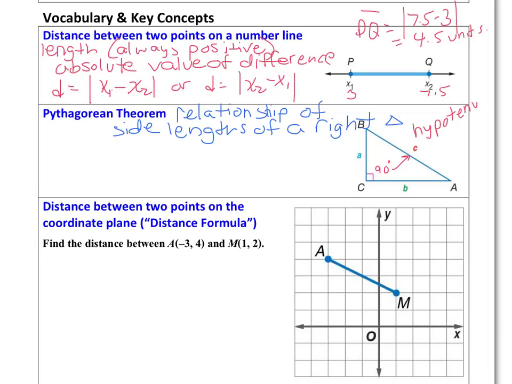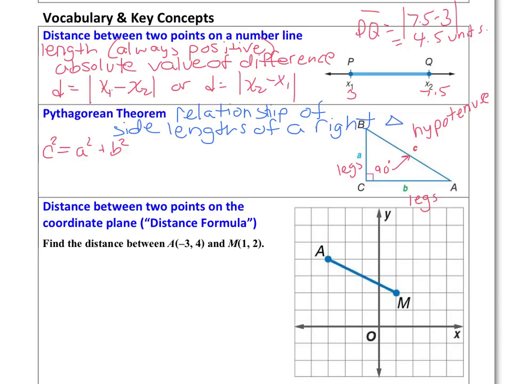The other two sides are just called legs. And the particular quantitative relationship between these three sides of a right triangle is that the square of the hypotenuse, which we always represent with the letter c, is equal to the sum of the squares of the other two sides, in this case a squared plus b squared.